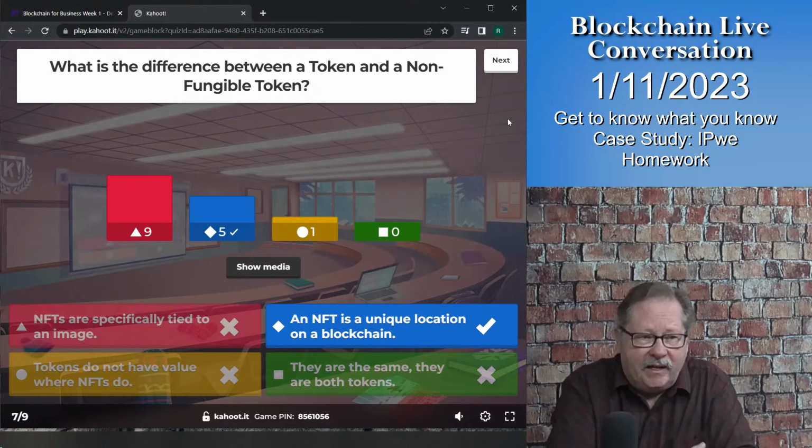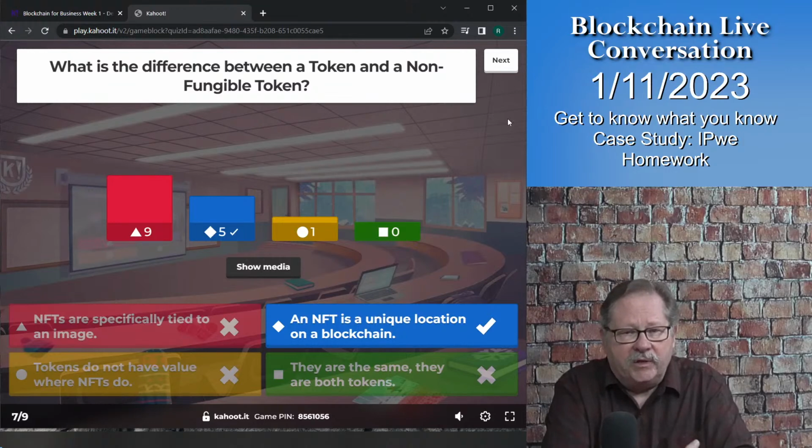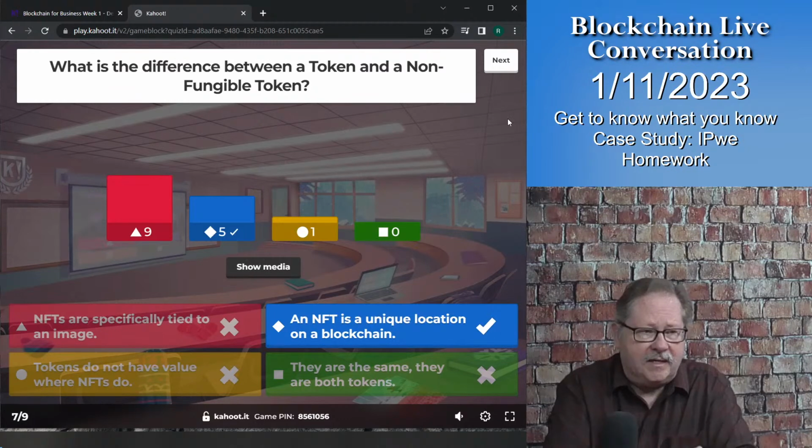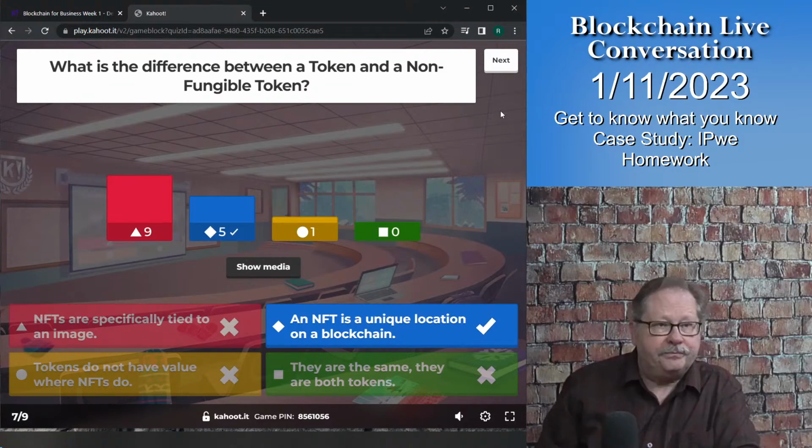But an NFT is actually a location on a blockchain that is tied to some specific information. So it could be an image, it could be data, it could be a security token, it could be a lot of different information depending on what the blockchain provider has tied it to. So it's actually a unique location on a blockchain.